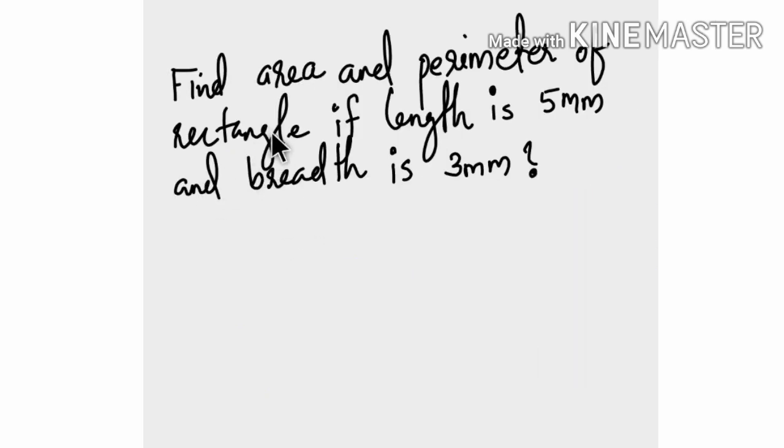Here is the second question for you. Find area and perimeter of rectangle if length is 5 millimeter and breadth is 3 millimeter. Let's find perimeter of rectangle first. We have one equation for finding perimeter of rectangle, that is 2 into length plus breadth.